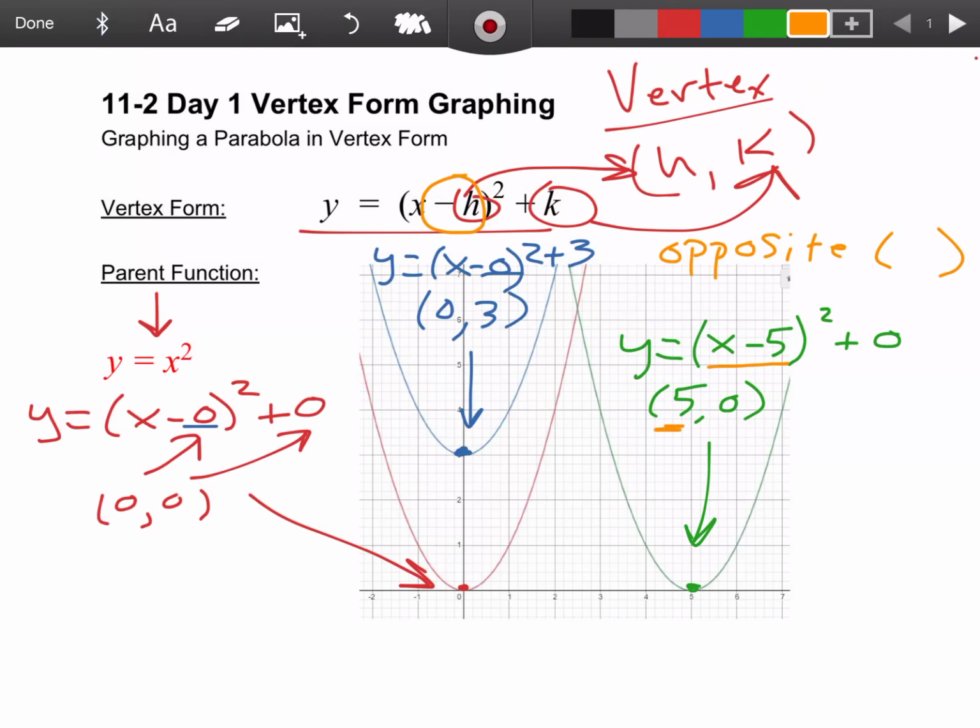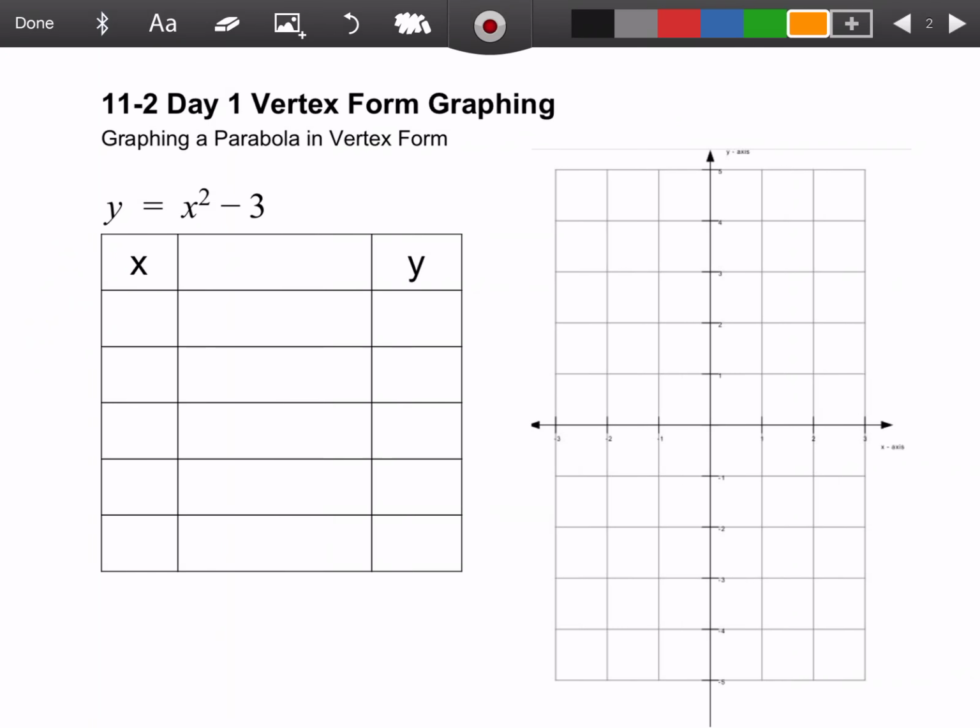Well, that's technically a positive 5 here, and we're going to go through some examples showing you why that is. But I just want you to know what I mean by opposite in the parentheses. It looks like a negative 5 here, but we're actually using it as a positive 5 when we're talking about the vertex point itself.